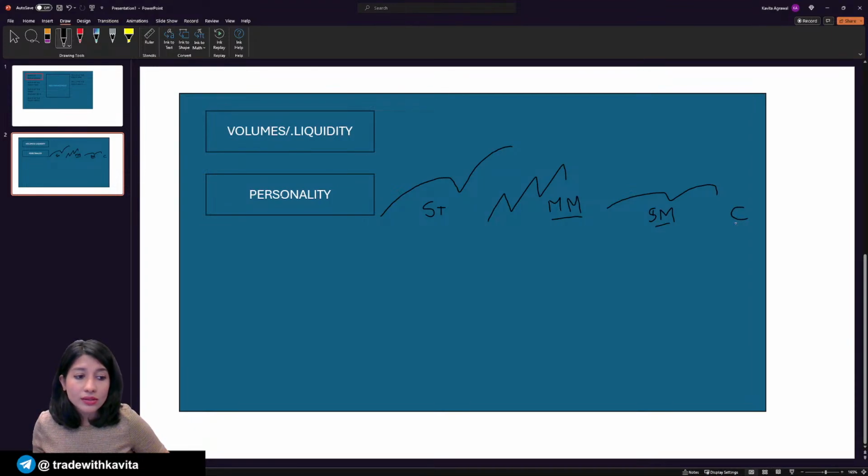And last is the combination. So when we talk about combination, stocks can be super trenders and momentum movers. For example, VBL, it's a super trender stock, but it also gives very good momentum trades. And I've been swing trading in VBL for a long time now, and it has not disappointed me. Then there are momentum movers that are slow movers also. There are super trenders also that are slow movers.